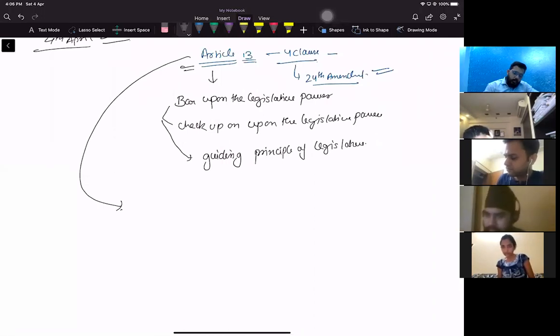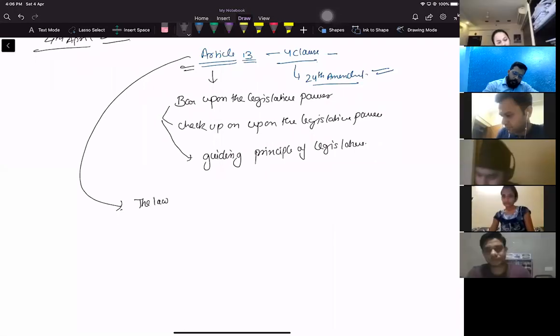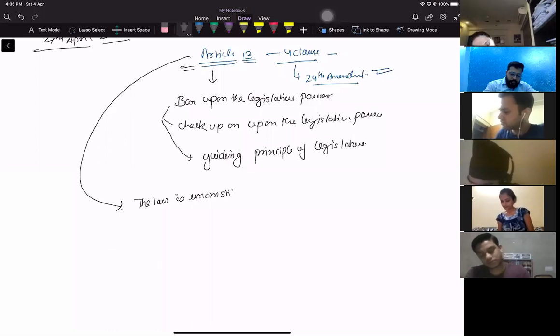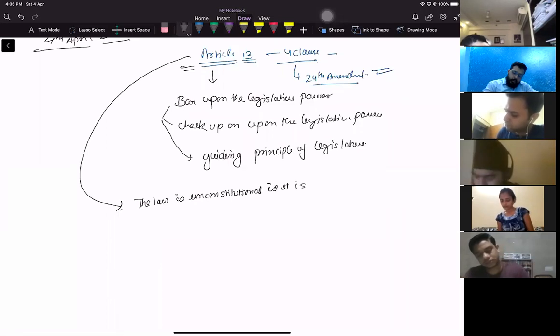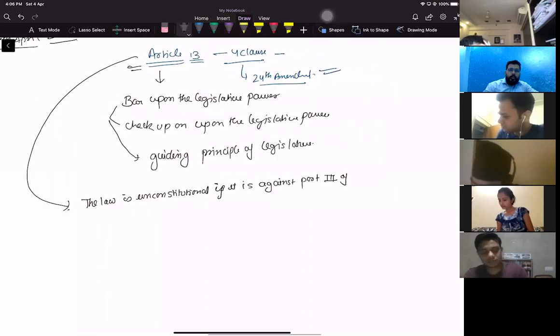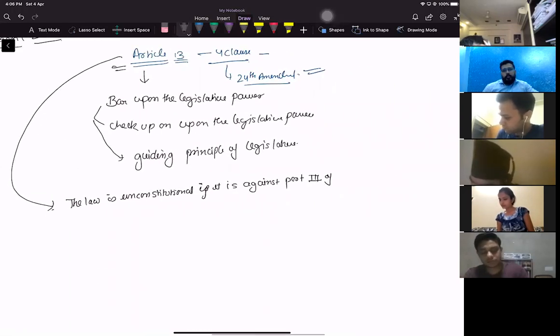So basically this article says that the law is unconstitutional if it is against Part 3 of the Constitution.